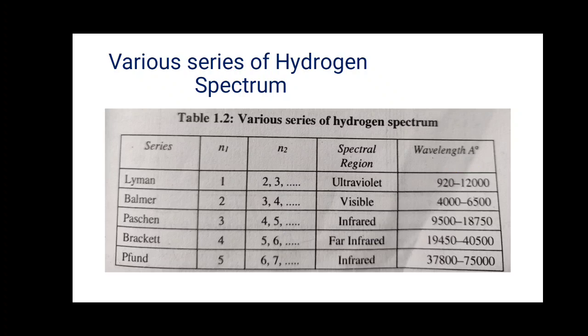From this higher energy level, that is n2, the electron returns by a jump to one of the lower energy levels, that is n1, giving up the excess energy by emitting a quantum of radiation.